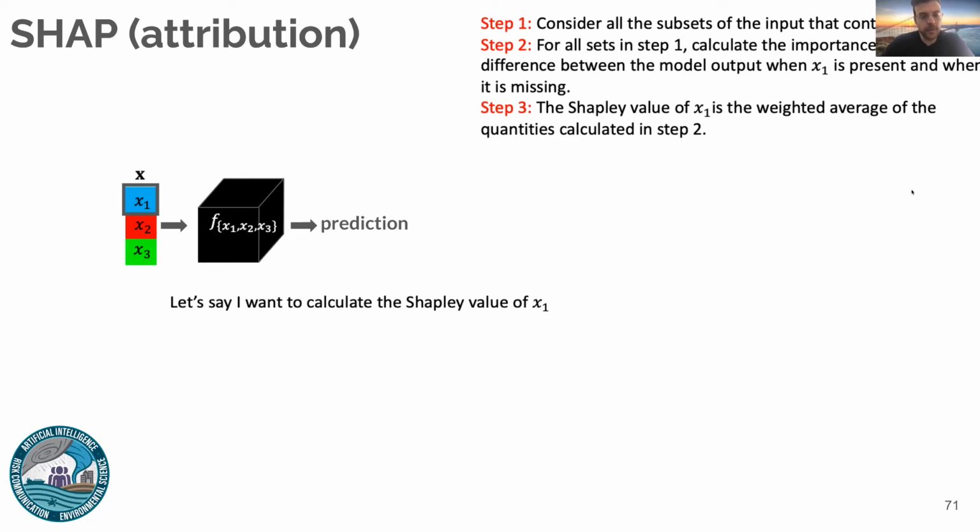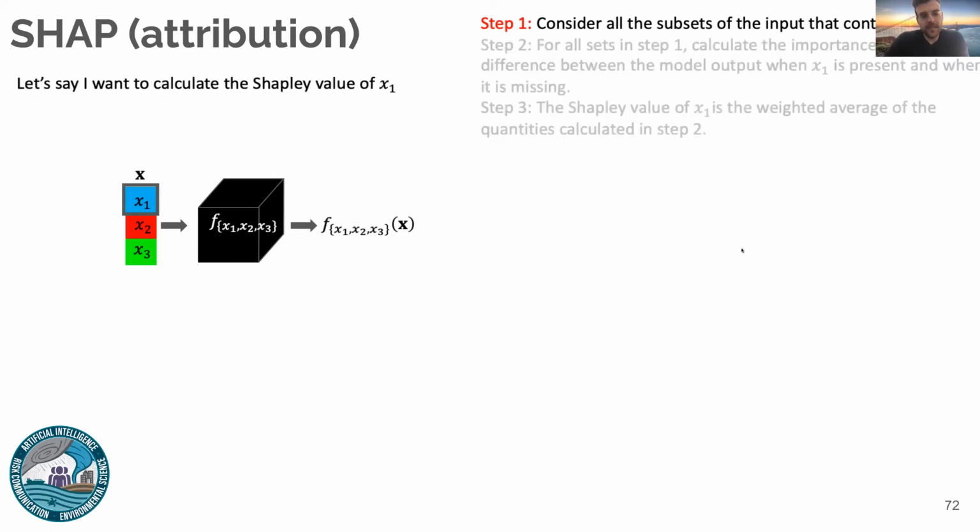And let's say we want to calculate the Shapley value that corresponds to this prediction and the feature X1. There are 3 steps. In the first step, we consider all the subsets of the input that contain X1. That would be the full set of the input, X1, X2, X3.